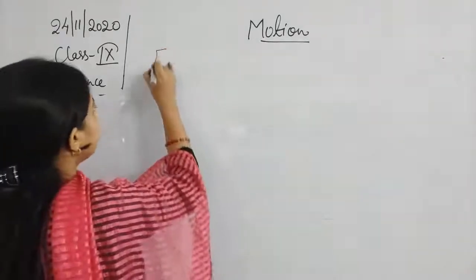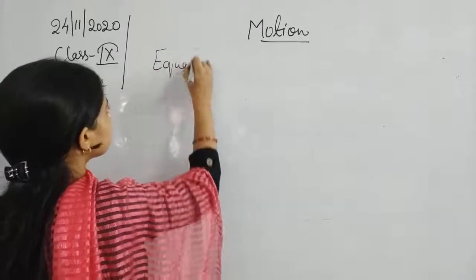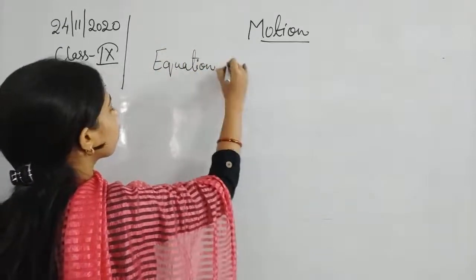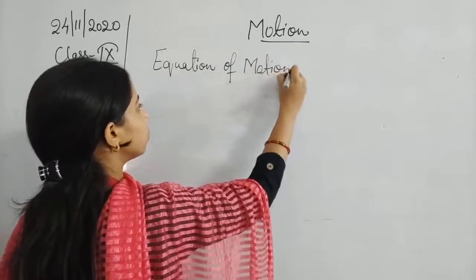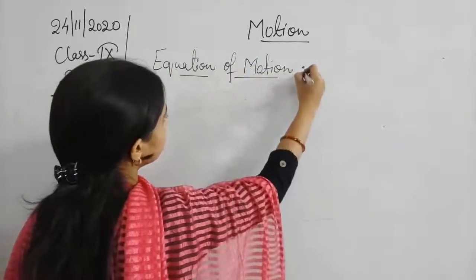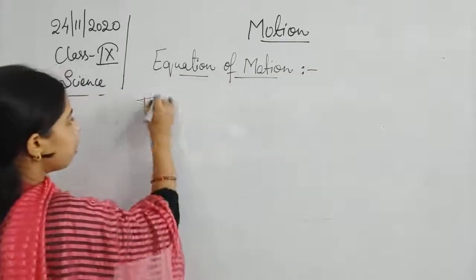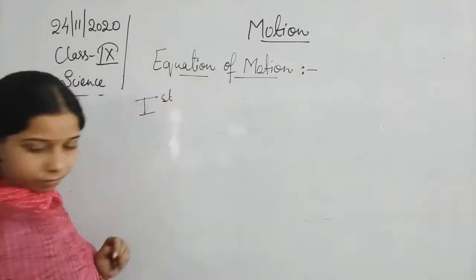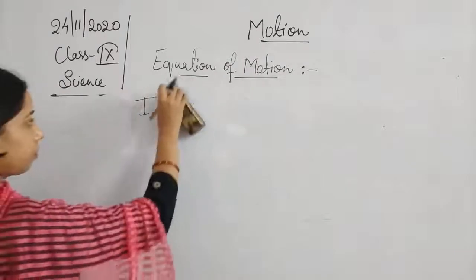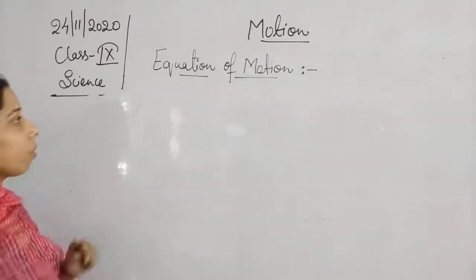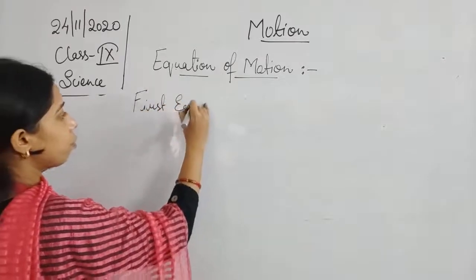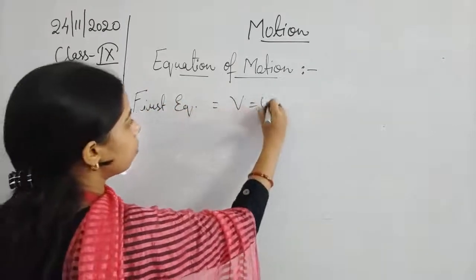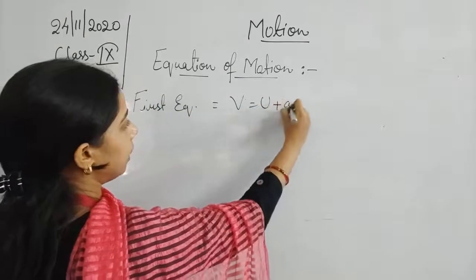So, we can write it, equations of motion. The first equation of motion is v is equal to u plus at.